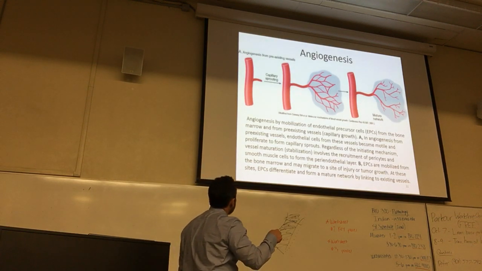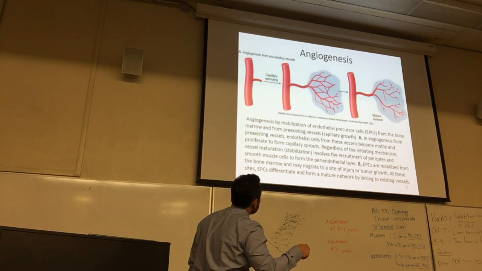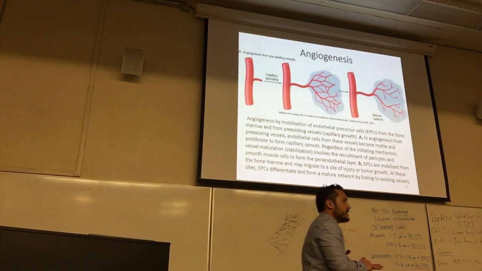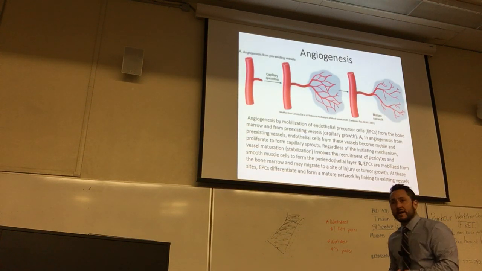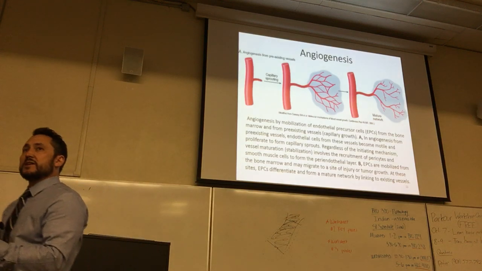From that sprout, it moves out into a new capillary network, and then it matures and perfuses a new tissue bed. Mediators that come from activated macrophages are angiogenic mediators, things like vascular endothelial growth factor and basic fibroblast growth factor. These are all angiogenic mediators.